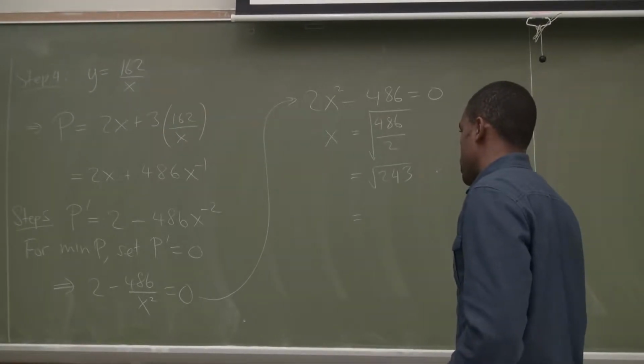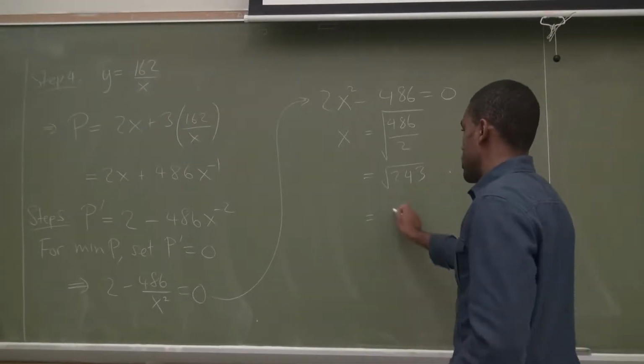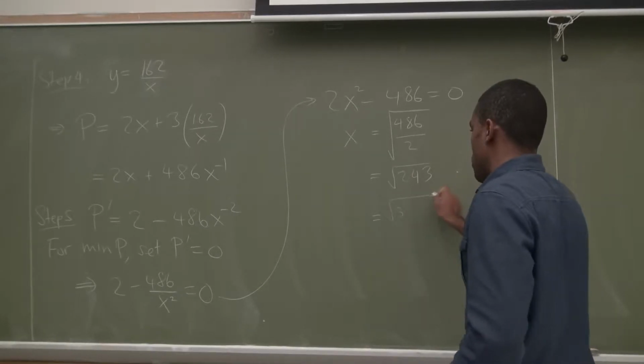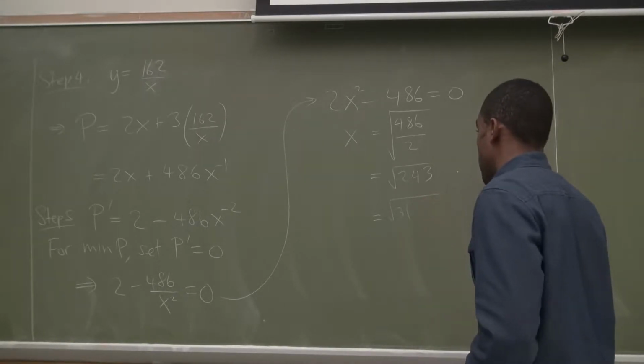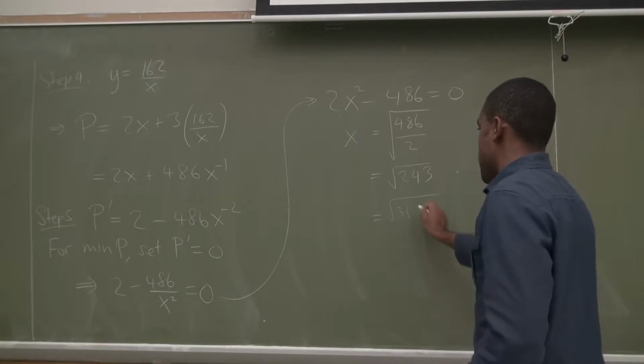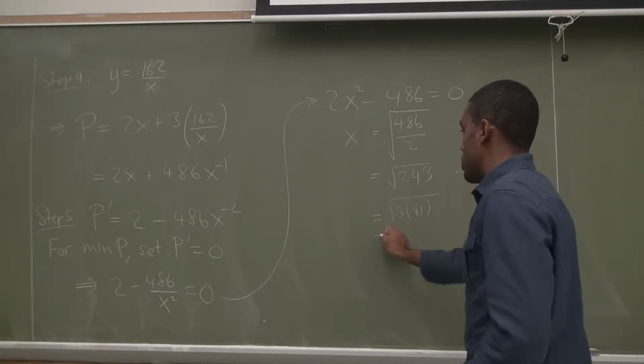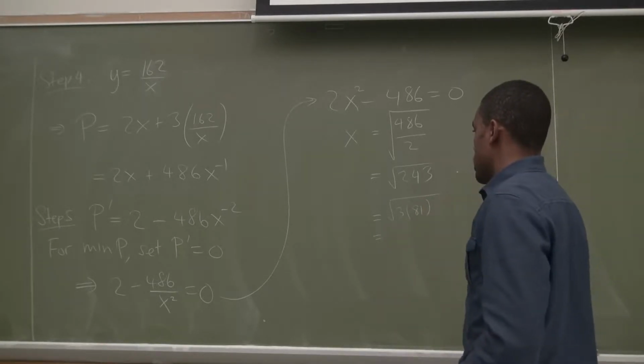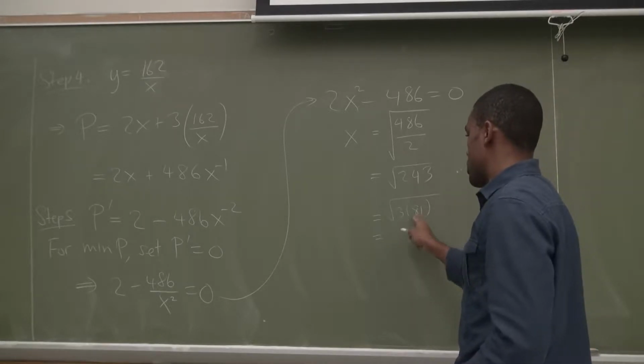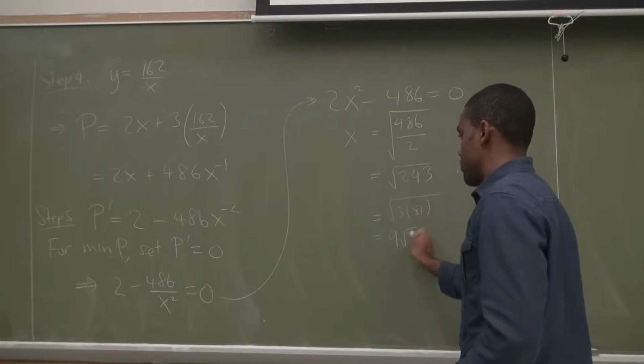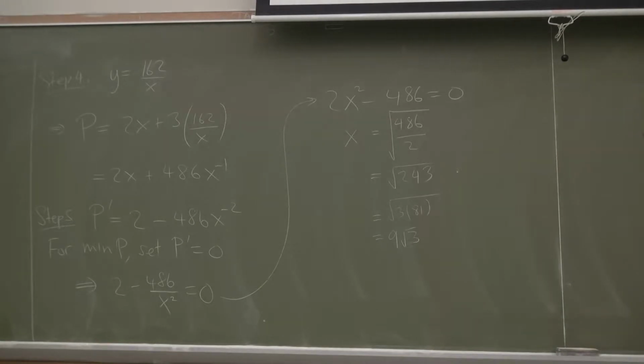Well, what can we take out of that? We can take out a 3. That's 3 times what? 81. 81, we can take out, but 81 we can square. This is just 9, so it's not a completely nice number, but it's not bad.